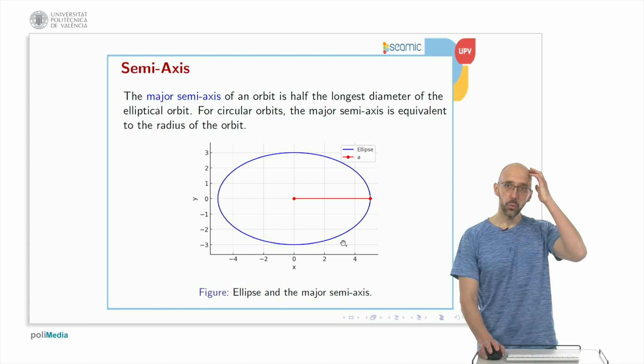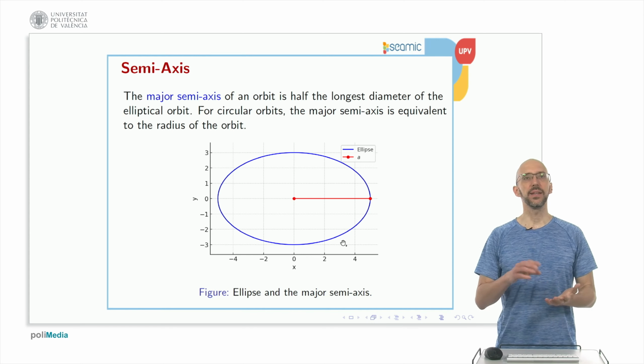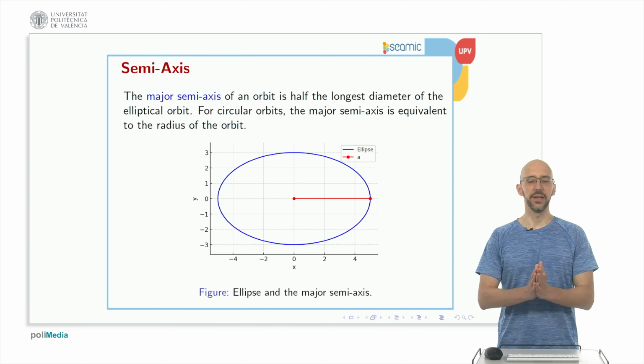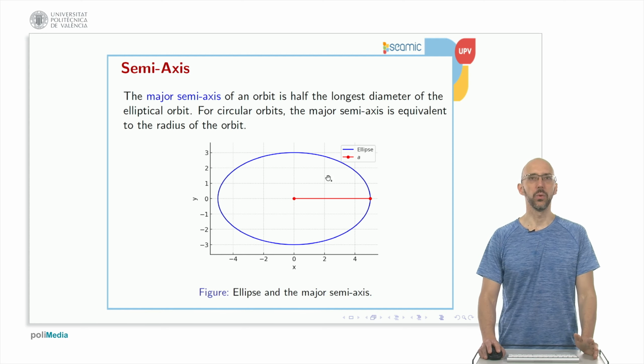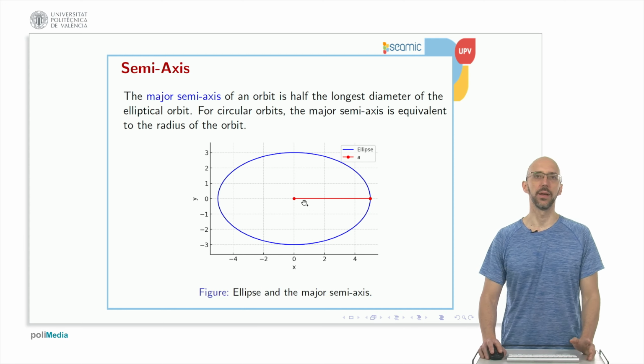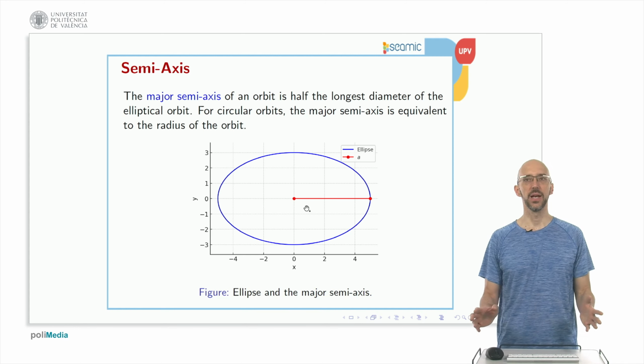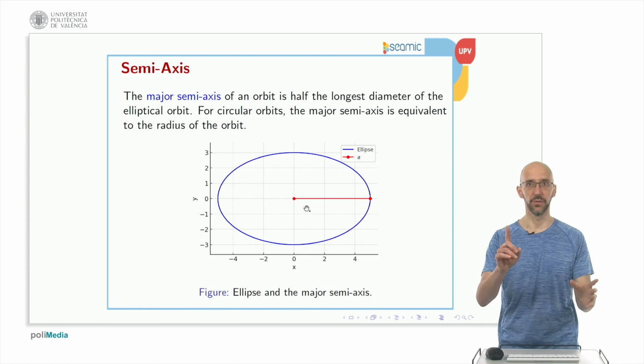Okay, let's start by reviewing one idea: the major semi-axis of an ellipse. As you can see in the plot, we have an ellipse plotted in blue, and the semi-axis is the distance between the center of the ellipse and this point. This is going to be the major semi-axis. It's a distance. A is going to be a positive real value.